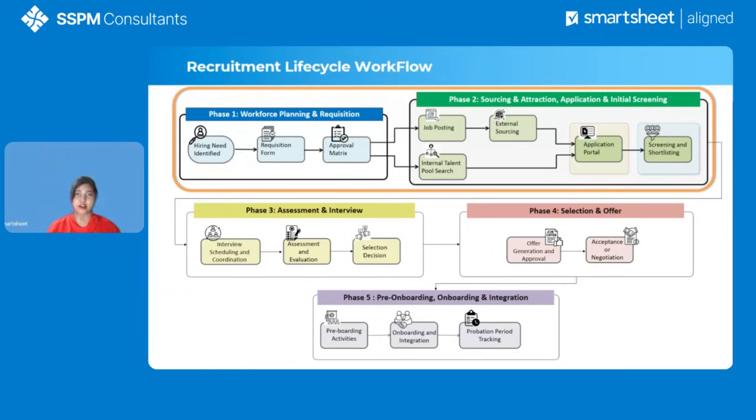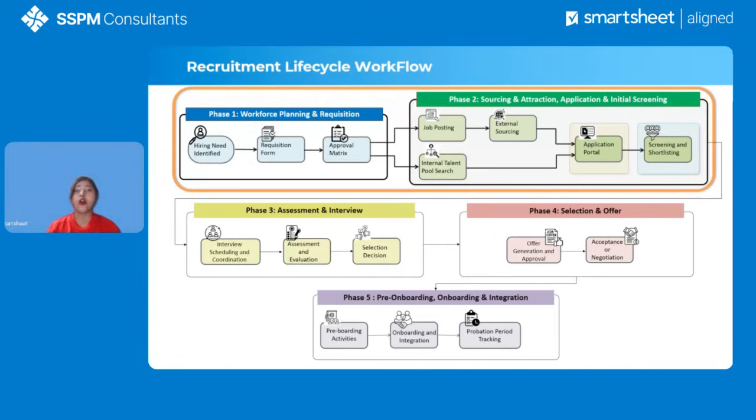In phase three, we have assessment and interview, where interviews are scheduled, feedback is collected, and the selection decision is made. In phase four, we have selection and offer, where we roll out the offers, the negotiation is done, and the final offer acceptance is completed.